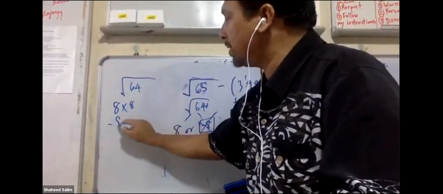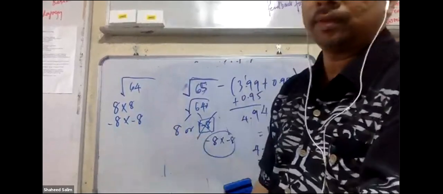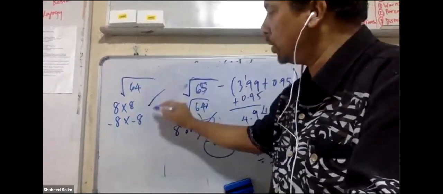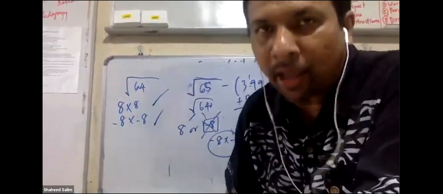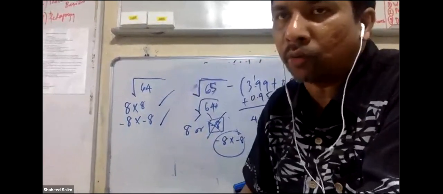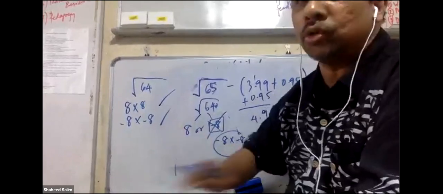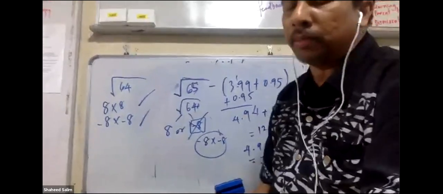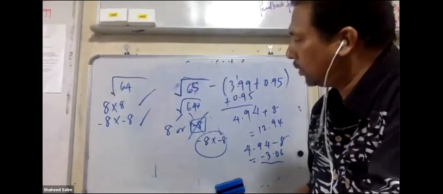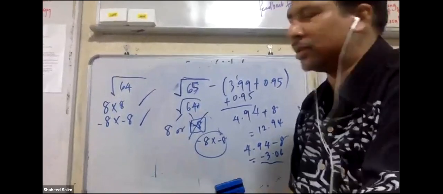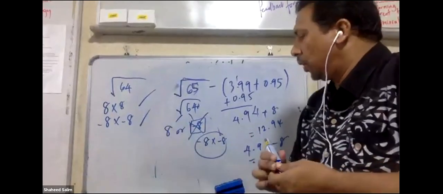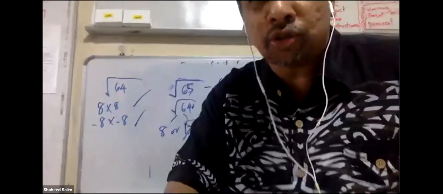Yes. But minus 8 times minus 8? Yes. That's why this is also a square root. But for now, you have not learned about square root giving a negative answer, so you just leave it alone. Later on, maybe end of this year or early next year, latest, you will do this. Okay, we will stop here.